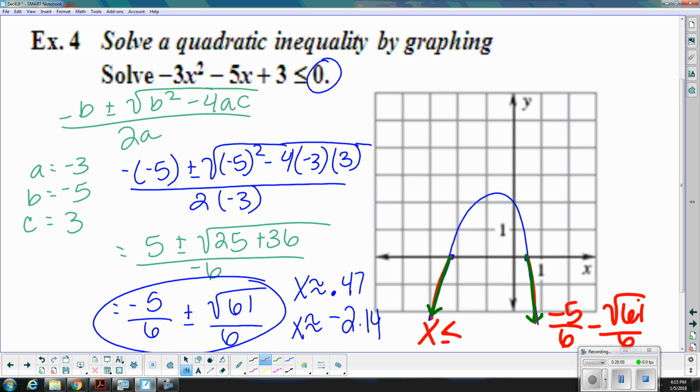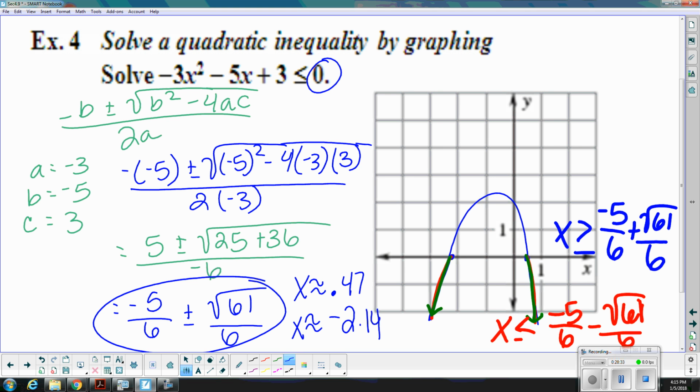So when x is less than or equal to -5/6 minus the square root of 61/6, or when x is greater than or equal to -5/6 plus the square root of 61/6.